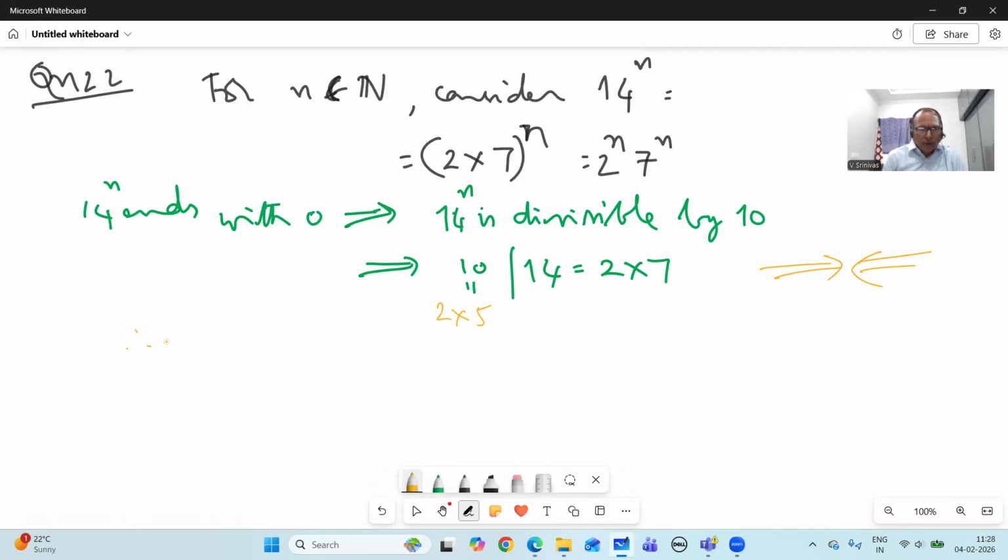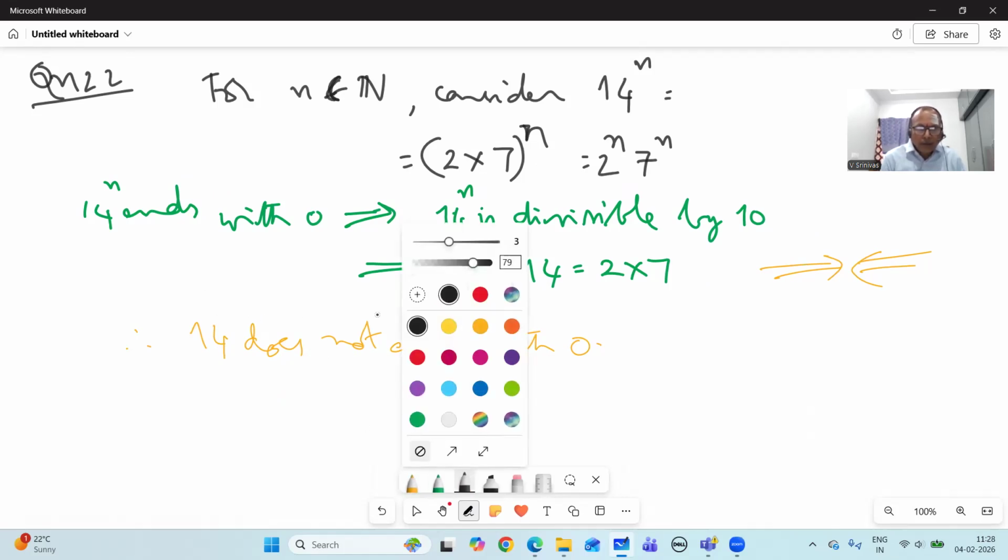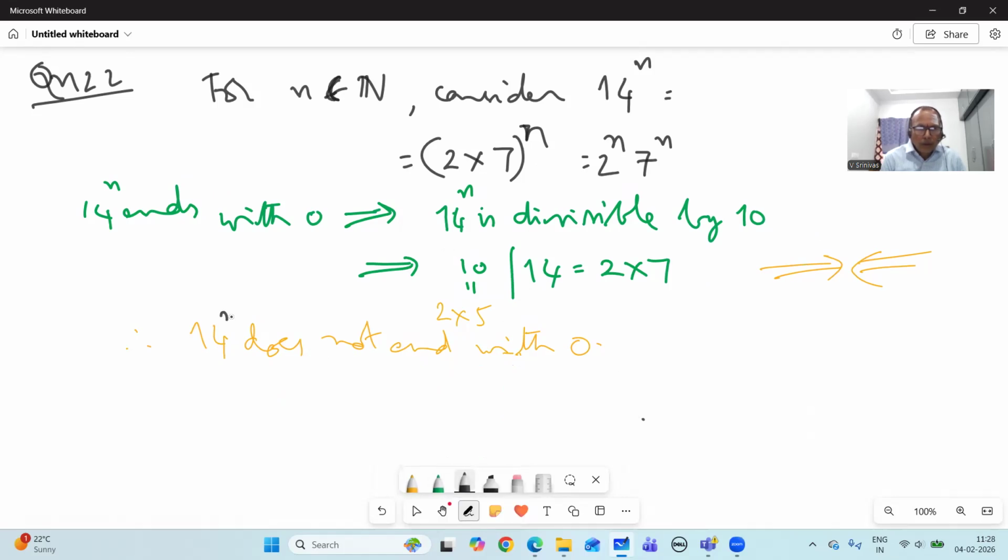Therefore, 14 power n does not end with 0, because this hypothesis is leading to absurdity. The assumption is false, so we have the negation as the assertion: 14 power n cannot end with 0.